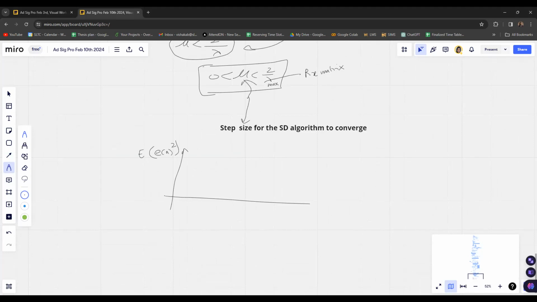This error value will converge over time once we set the optimal filter coefficients, as we discussed, using the SD algorithm and the mu values that we have decided. So the error value will converge to a certain value after some time.